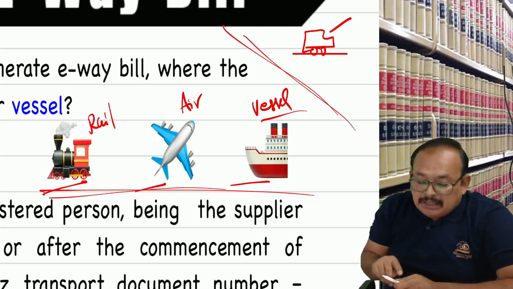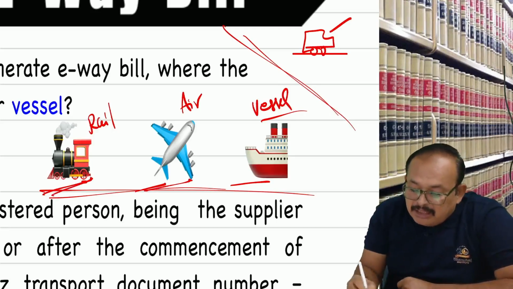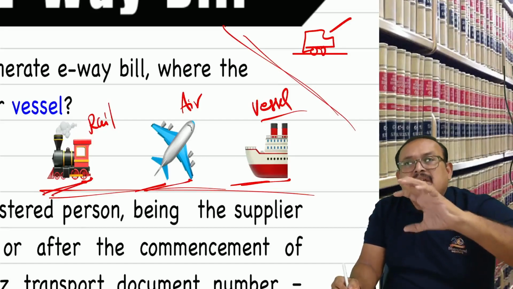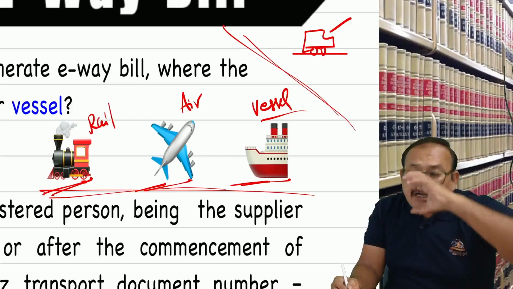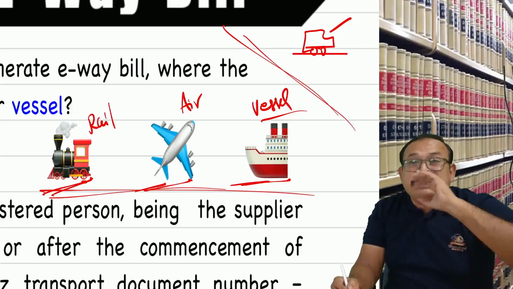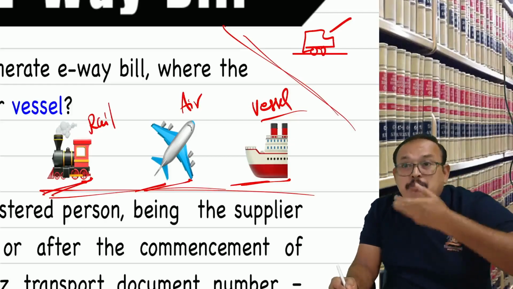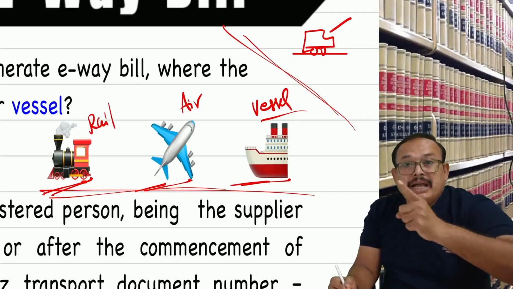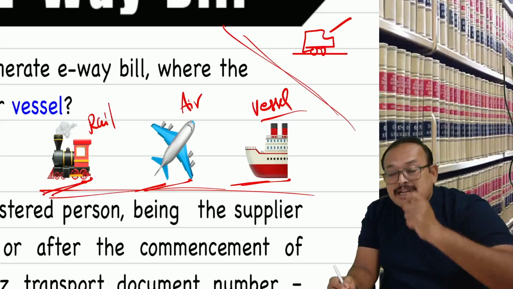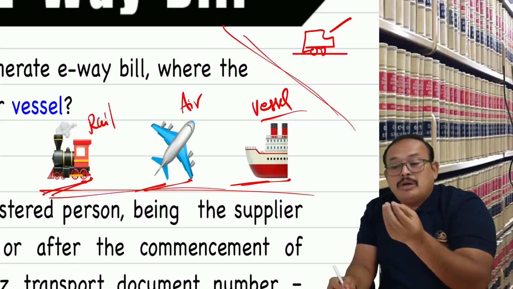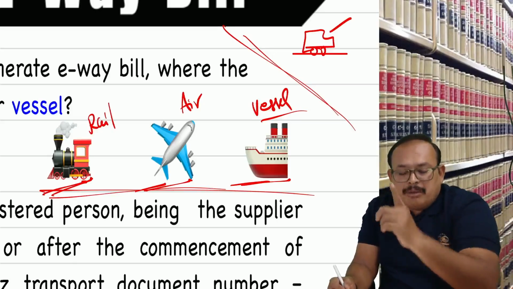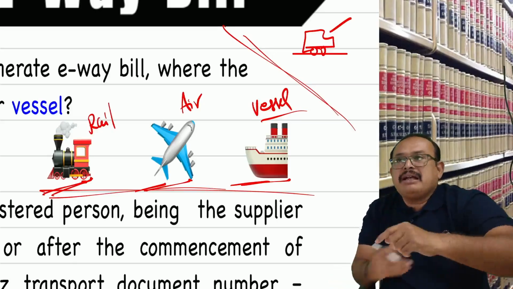Therefore, by rail, by air, by vessel, e-way bill is not required to accompany the transport, and it is not required to be generated before the commencement of movement of the goods. Whereas for transportation of goods by road, before the movement, the e-way bill must be generated and carried along.